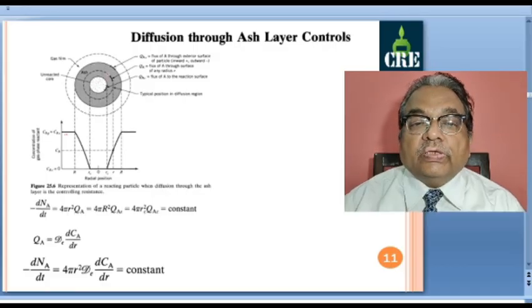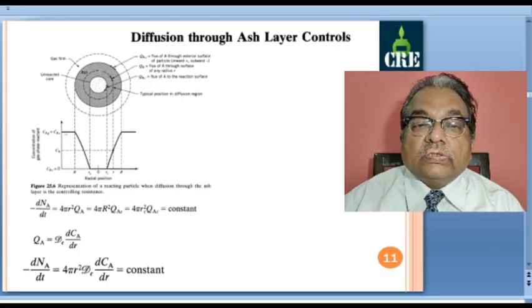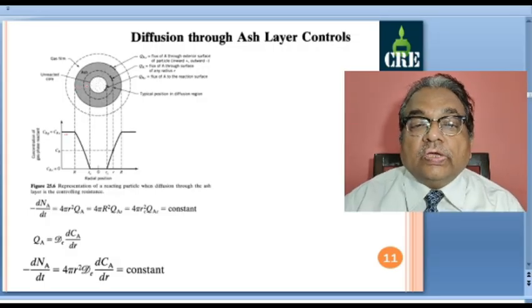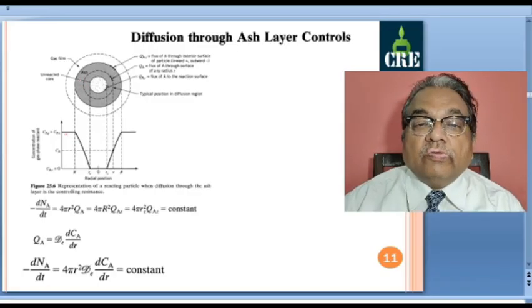So that variation was there. Here what is happening is this ash layer is continuously growing. That means at the same time when the reaction progresses, the thickness of the layer is continuously increasing. So this is another variation.